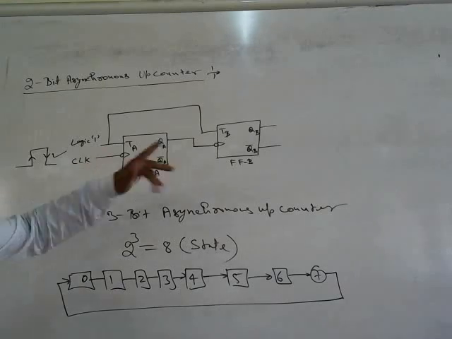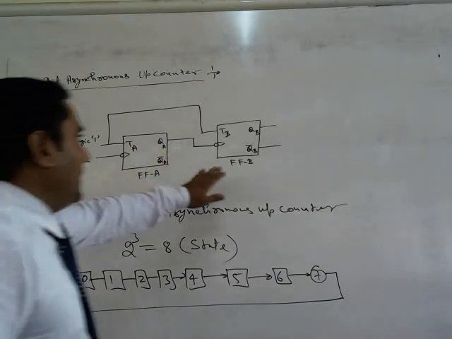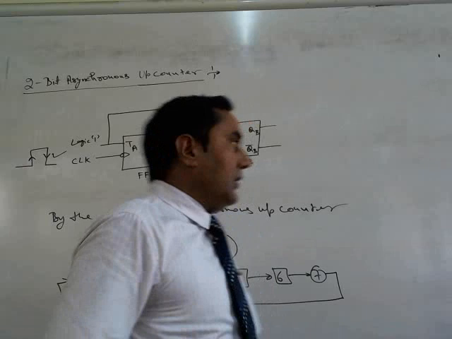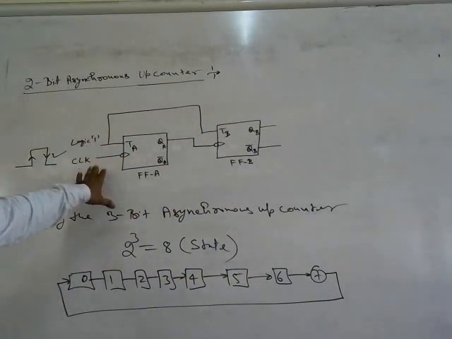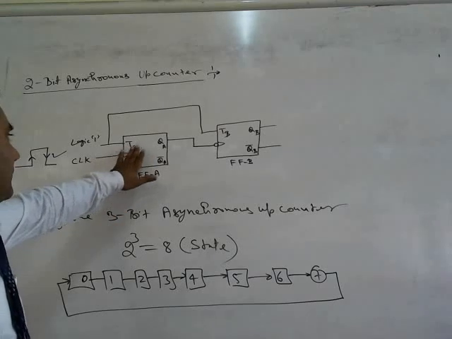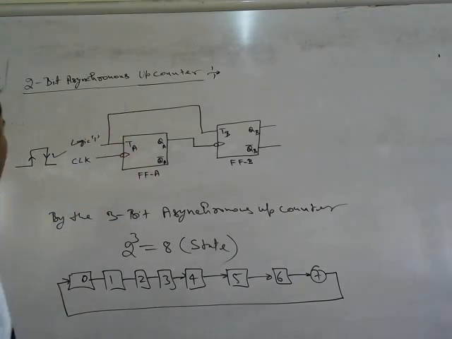So for developing the 3-bit asynchronous up counter, we take 3 T flip-flops: TA, TB and TC. We can also develop the counters by the help of JK flip-flops.